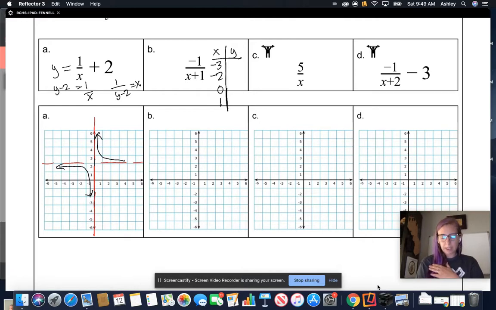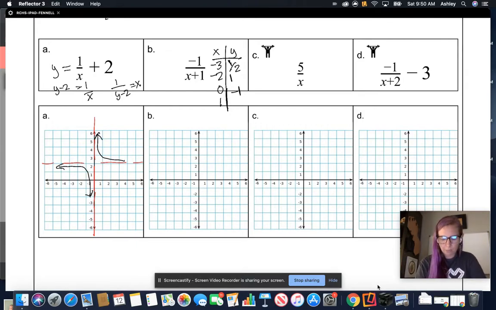Okay, so when I plug in -3, -3 plus 1 is -2. Negative divided by negative is positive, so this becomes positive 1/2. When I plug in -2, -2 plus 1 is -1. -1 divided by -1 is a positive 1. 0 gives me -1 because negative divided by a positive is a negative.